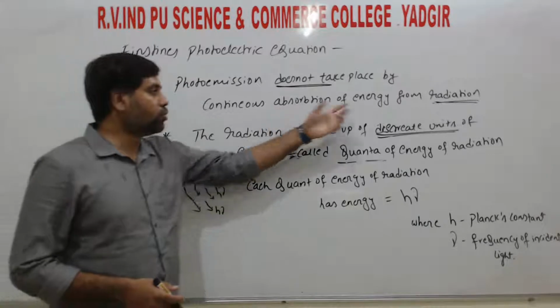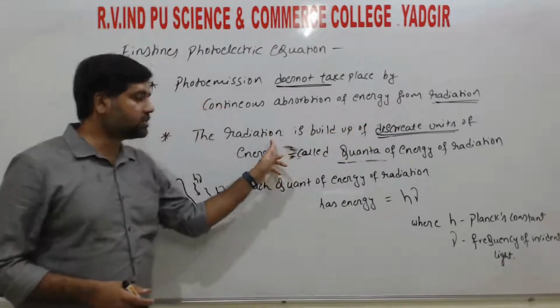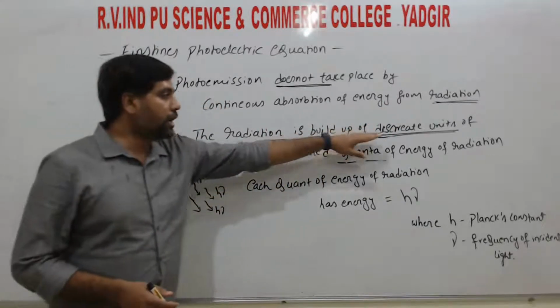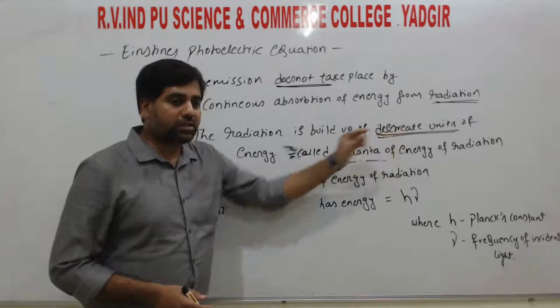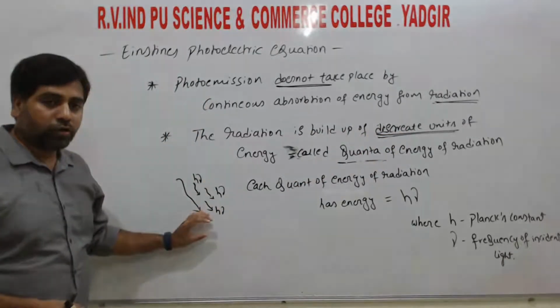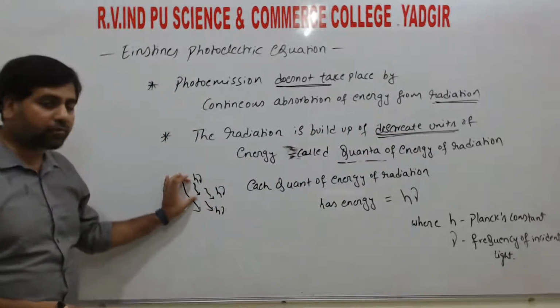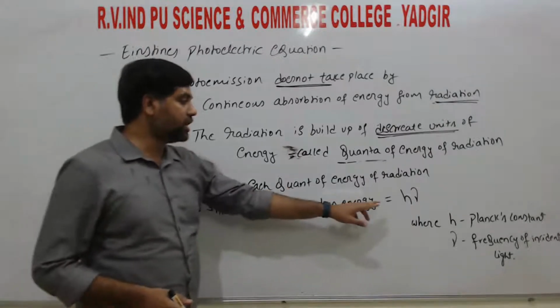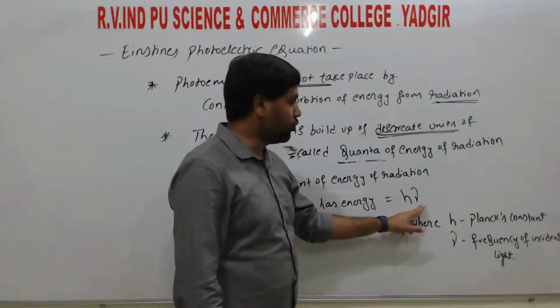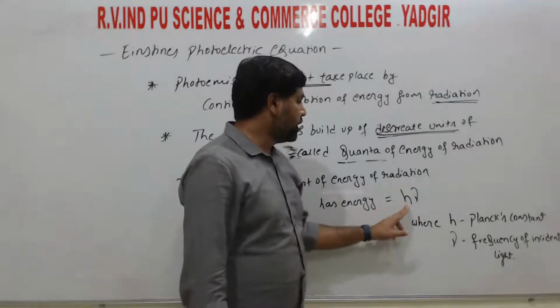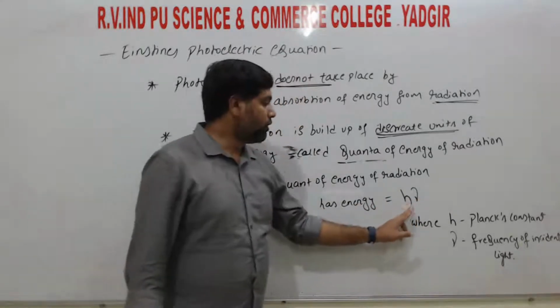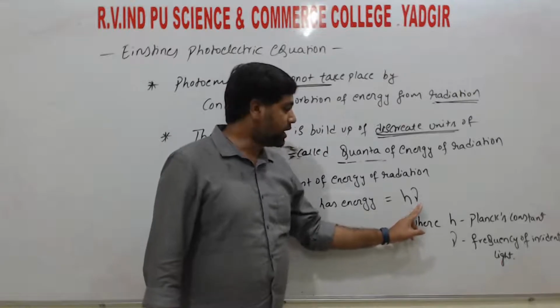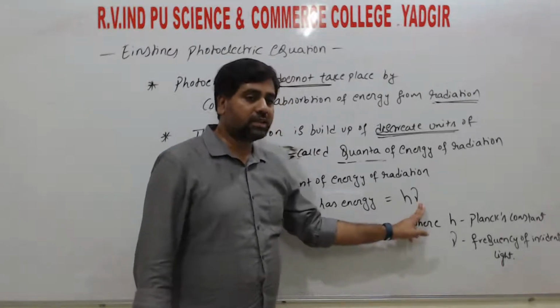Hence, to overcome that, he says that this radiation is built up of discrete, small units, right? So that one we call quanta. So each quanta has the energy h nu, right?